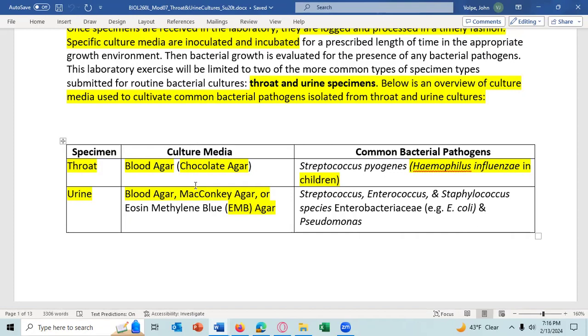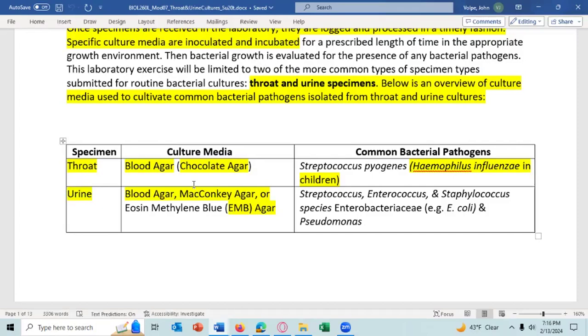Which, by the way, some people mention that cells use the hemoglobin and the iron released by blood. Those are only 2 of the nutrients released by blood. Haemophilus influenzae does not need hemoglobin or iron to grow. It needs NAD, which is, I think, the factor V. And what's the other factor?